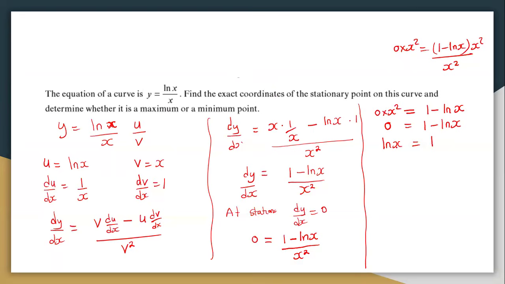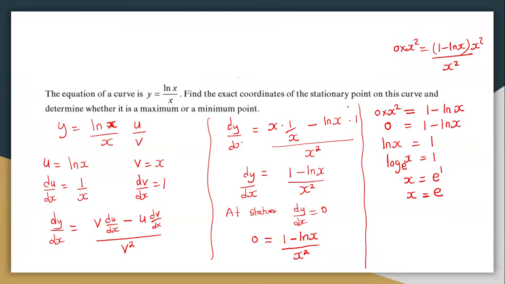When you are solving and reach this point, that's when you bring in your log for you to be able to get x. Is that fine? So we write it as log base e of x equals 1. So x equals e to the power 1. And anything to power 1 is that number. Okay, good. So this is e. Thank you.